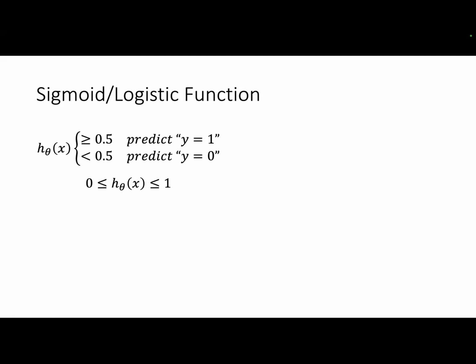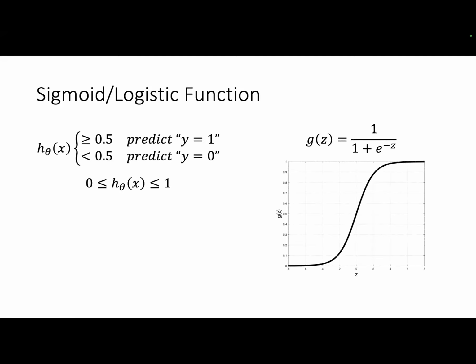Now, how does this look like? The sigmoid function actually looks like this. Okay, it's symbolized by g of z equal to 1 over 1 plus exponential minus z. This is the z value, and this is our g of z.